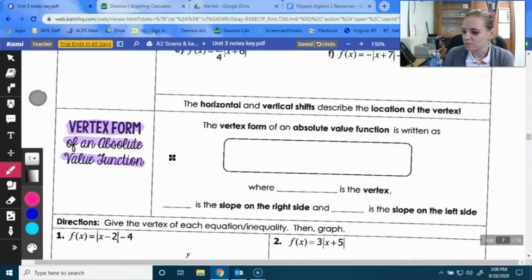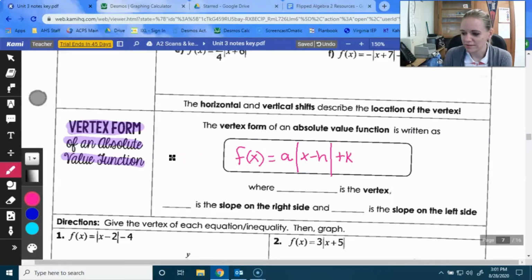So, written as this, function of x is equal to coefficient a, and then absolute value of x minus h plus k. What does all that stand for?